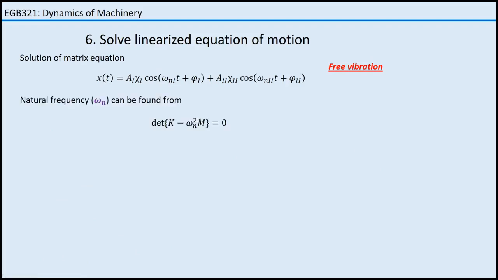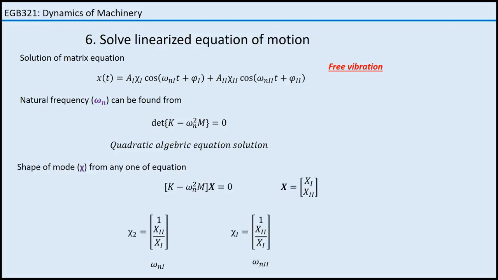Alright, so now we want to find the natural frequency of the 2 degree of freedom system. To get the natural frequency we need to find the determinant of this matrix, which is k minus omega n squared times m, equal to 0. That means we take the determinant of this matrix as null, and that gives us the natural frequency. Once we get this determinant, the expression is a quadratic algebraic equation. So you find the solution of the quadratic algebraic equation, and that's how we find the natural frequency.